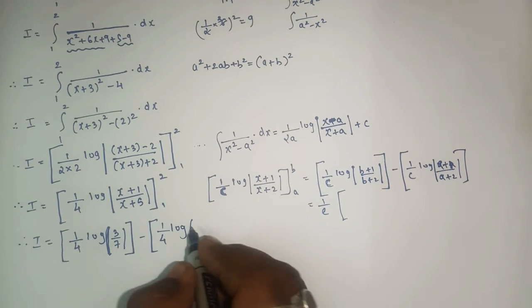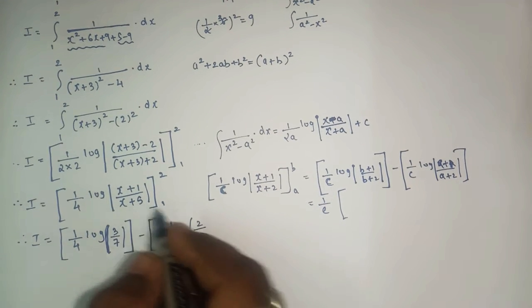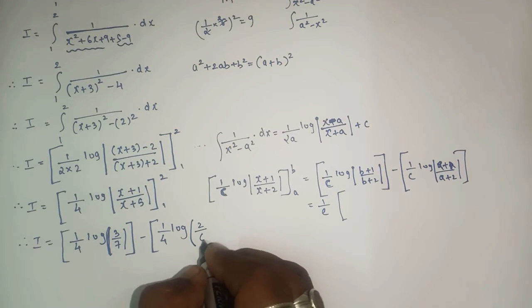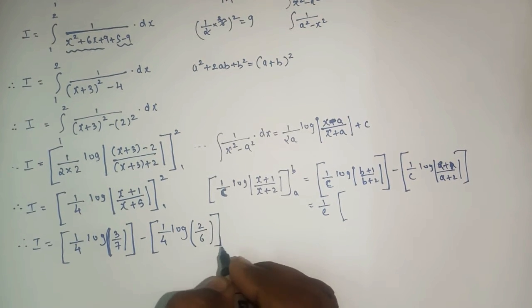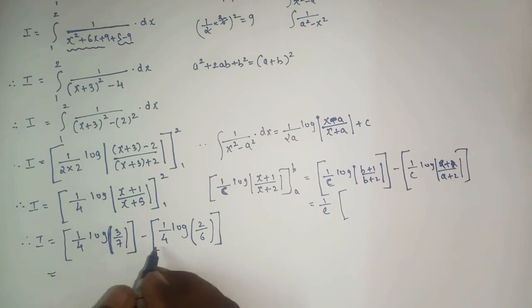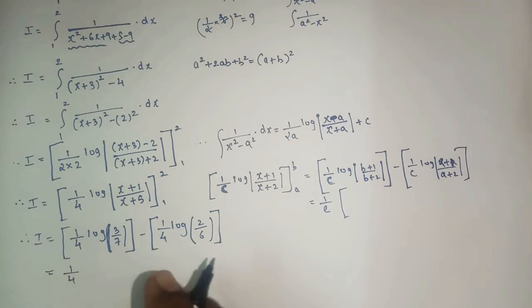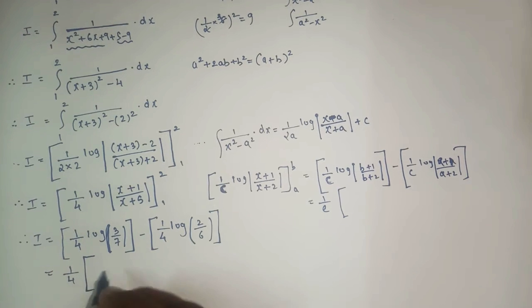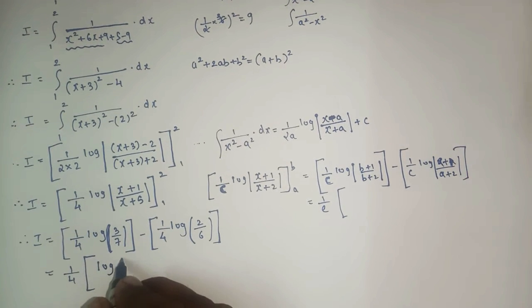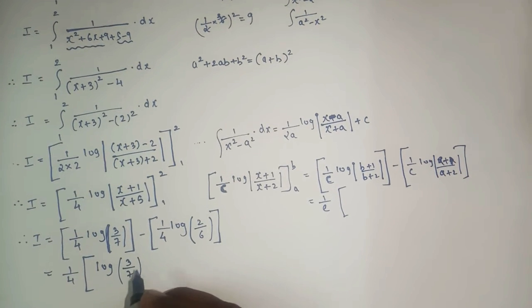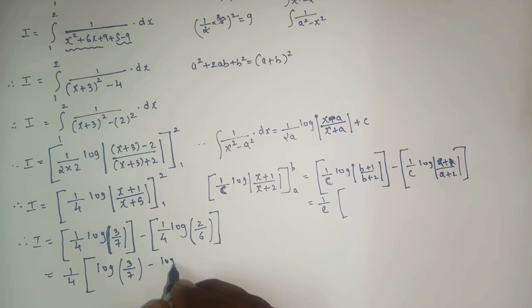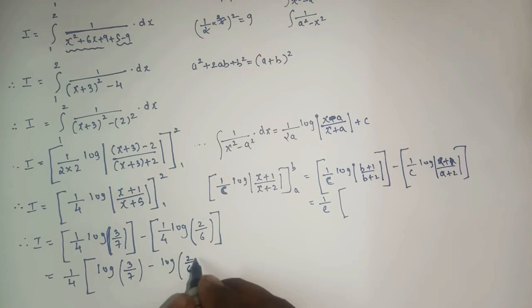So 1 plus 1 is 2, and 1 plus 5 is 6. Clearly we can see that 1 upon 4 is common. So inside the bracket you will get log 3 by 7 minus log 2 by 6.